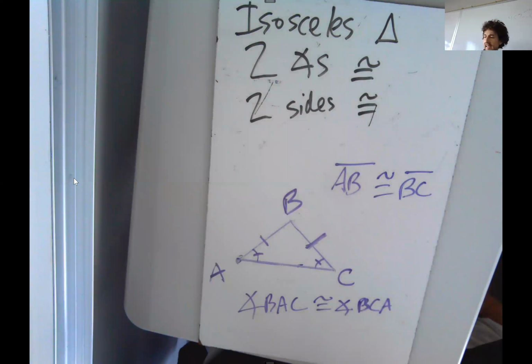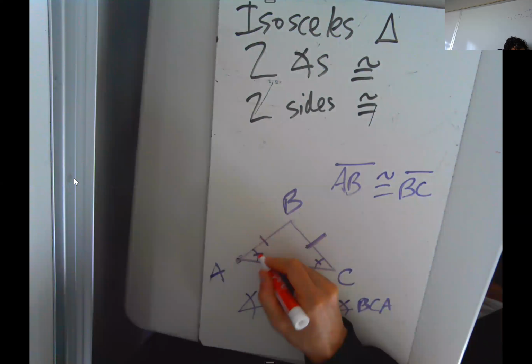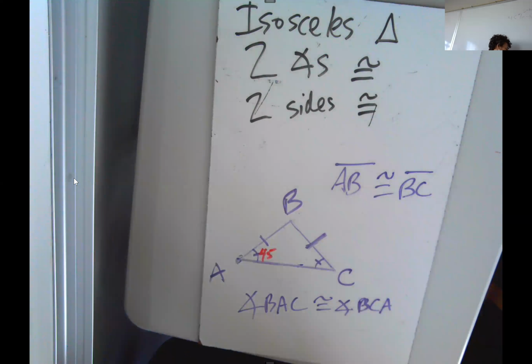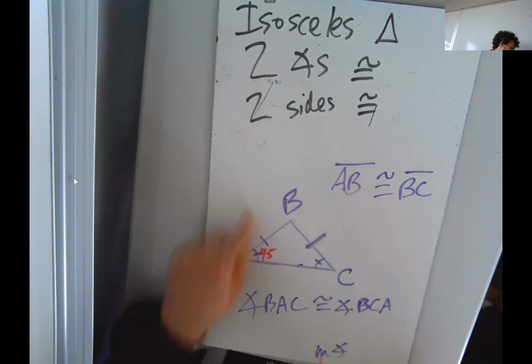Finally, let's imagine that they told you that you know that angle A is 45 degrees. And they said, what is the measure of angle ABC?